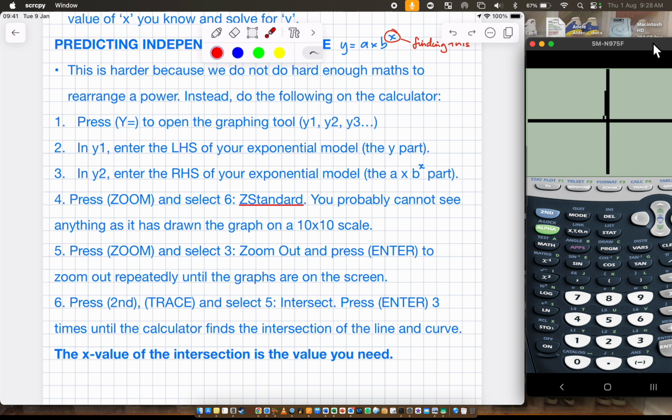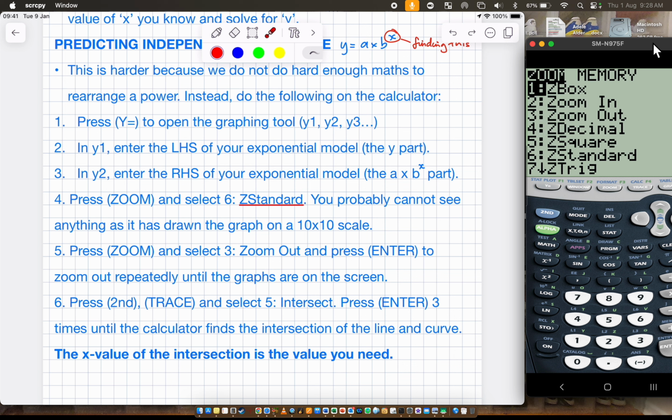Zoom out again. Still don't see the horizontal line. So I'm getting further and further away. Still don't see it. It's super pixelated. It's like an Xbox 360 here. Can I see the horizontal line now? Is the curve on there? It was. It's just really hard to see because there's so few pixels on the screen.